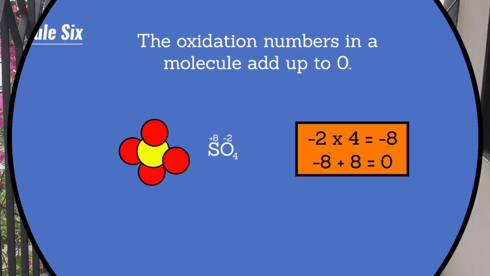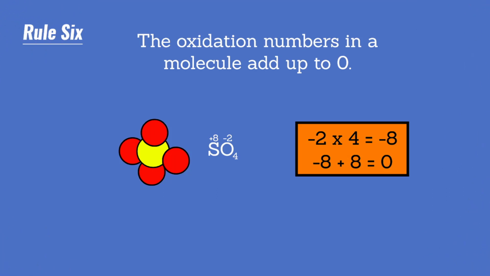Now you can notice that we haven't assigned oxidation rules for many elements. This is because of this rule: the oxidation numbers of a molecule without charge will add up to 0. So think of something like SO4. We don't have to make a separate rule for sulfur.